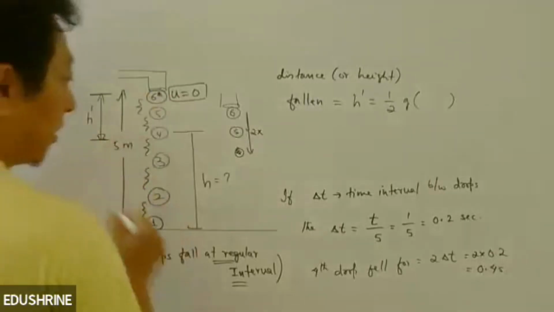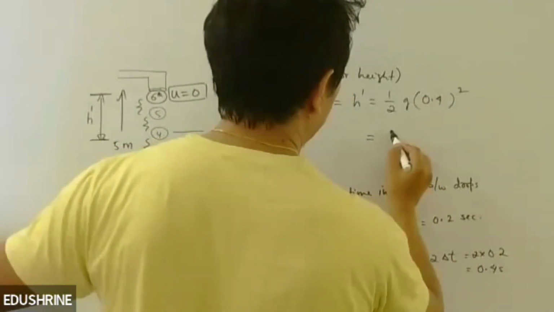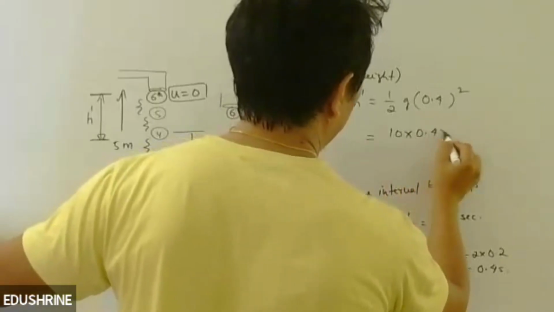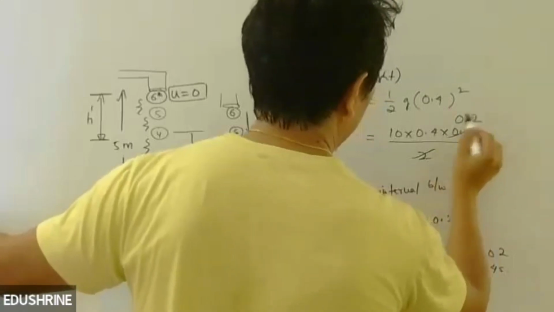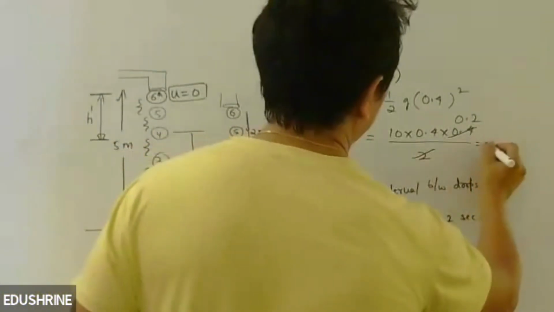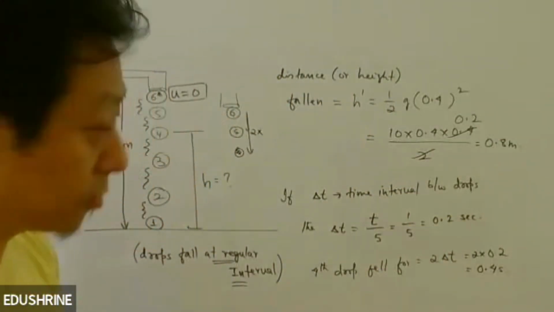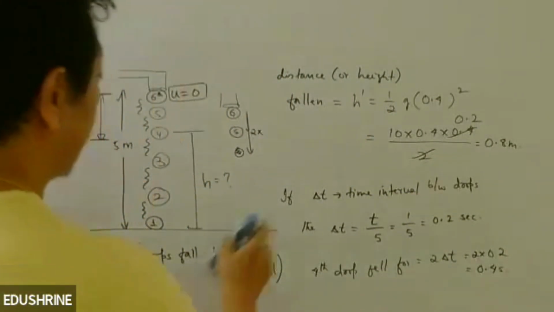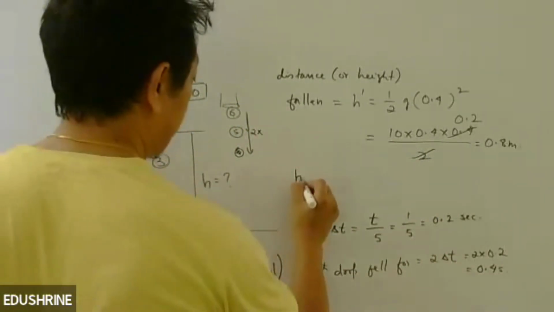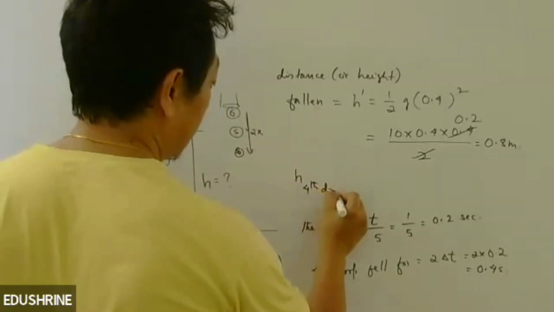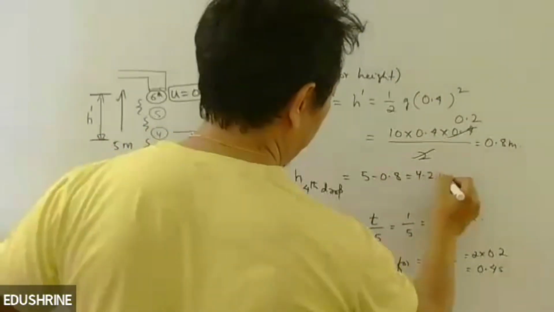It has fallen for 0.4 seconds, so this will be 10 into 0.4 into 0.4 divided by 2, which is 0.8. So it has fallen 0.8 meters. So what will be the height of the fourth drop? 5 minus 0.8, 4.2 meters.